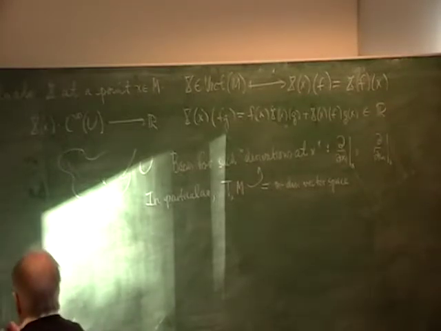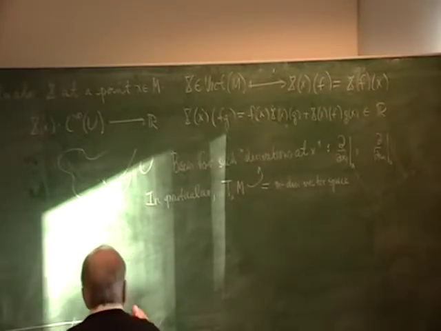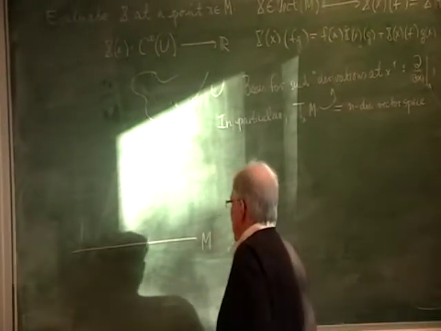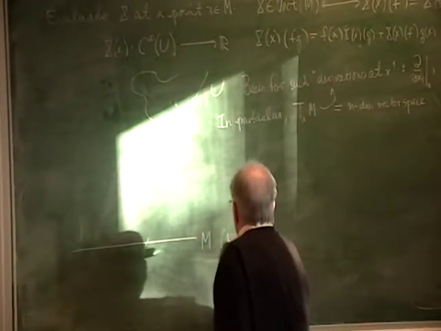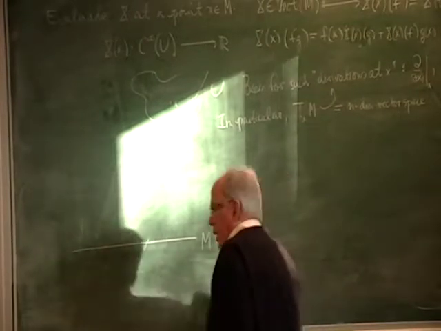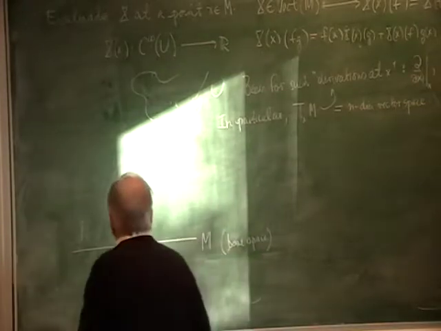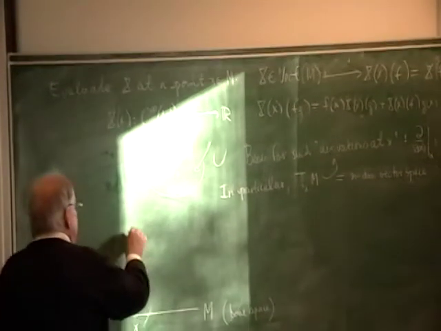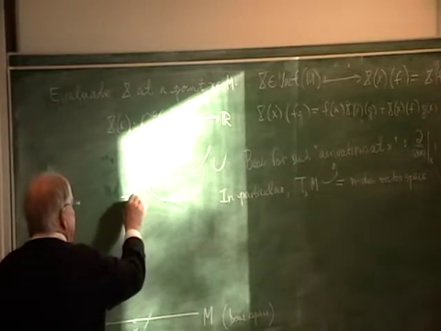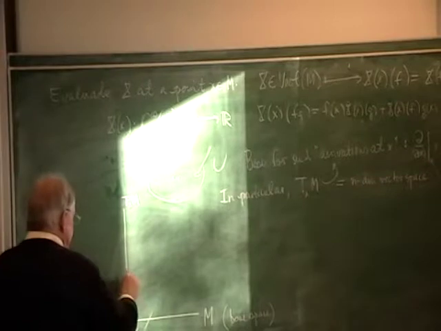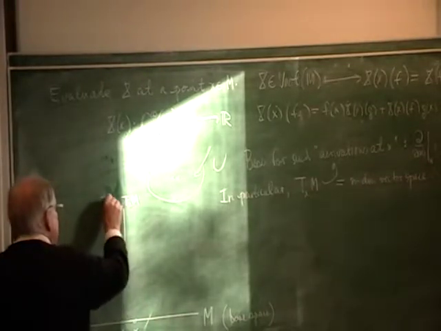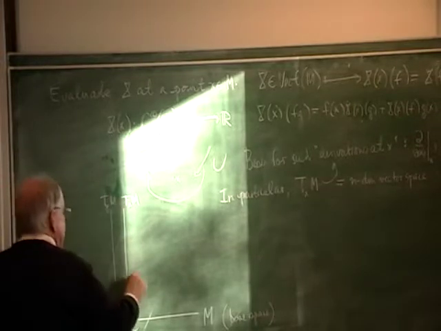And now, as you know how I always think in a picture, the manifold M is the base space of our discussion. Sometimes I call it the base space of the discussion. And for every x in the manifold, you have associated a vector space, namely the tangent space at that point. If you have another point y, you have another tangent space at that point, and so on.